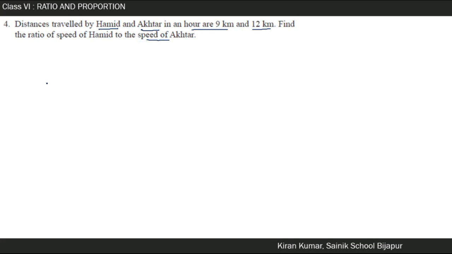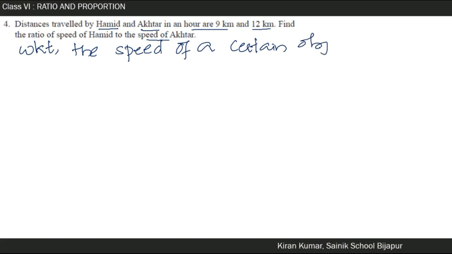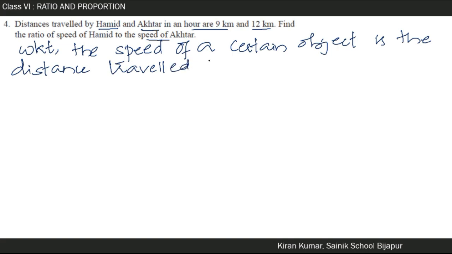Here they have given the distance, and this particular distance is covered in 1 hour. So we know that the speed of a certain object is the distance traveled by that object in an hour.